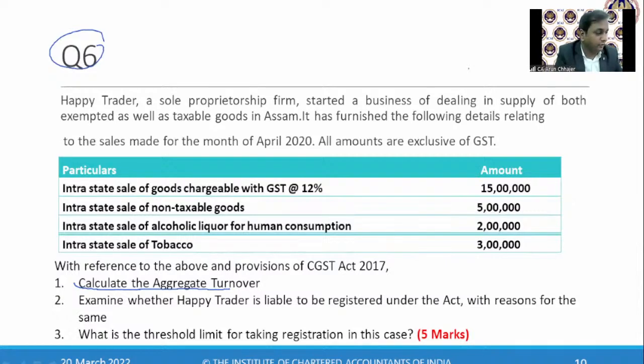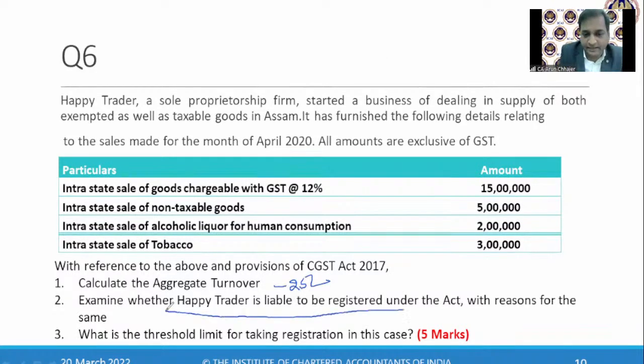What is the aggregate turnover? Answer would be 25 lakhs.